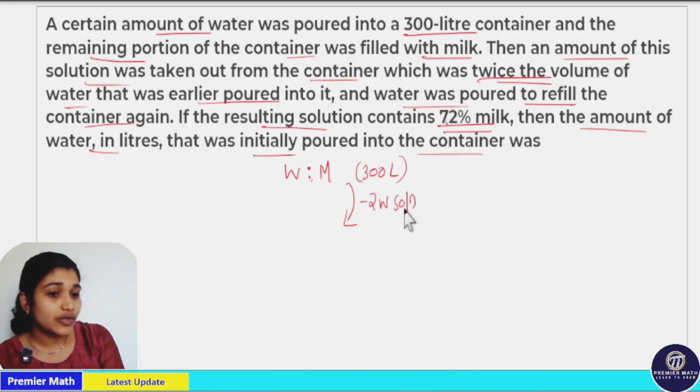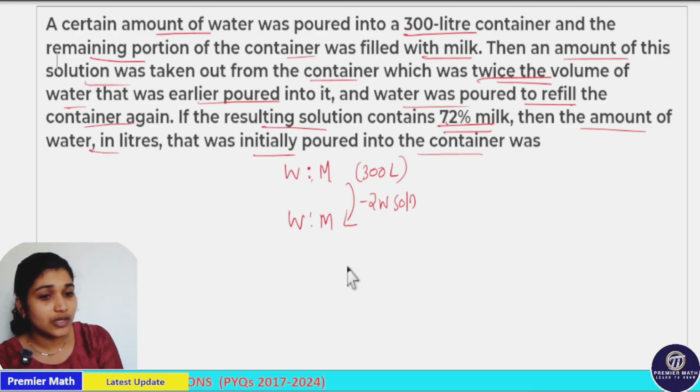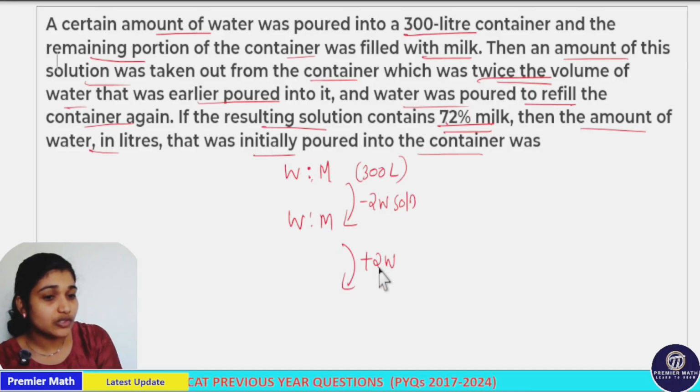Now, after taking out 2W liters of solution, the remaining mixture will contain water and milk in the ratio W is to M. Now, after taking out 2W liters of solution, you are replacing it with water. That is, you are replacing 2W liters of solution with 2W liters of water.